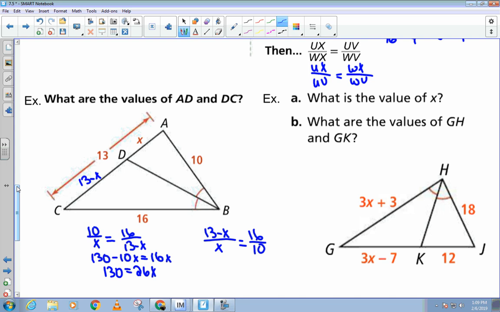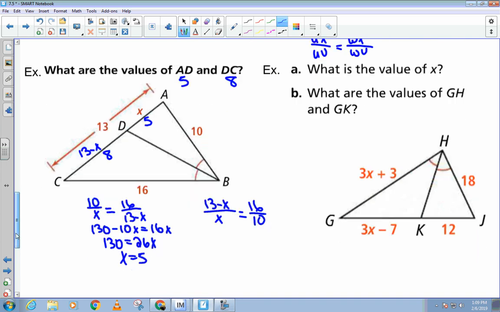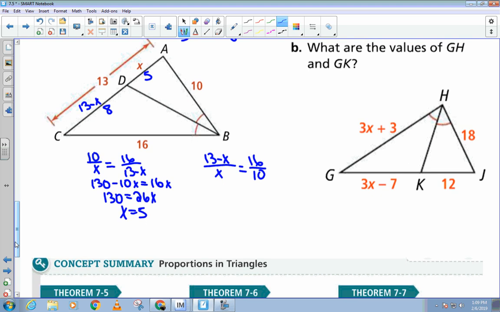So 130 divided by 26 is 5. So my AD then is 5, and my DC is 8.